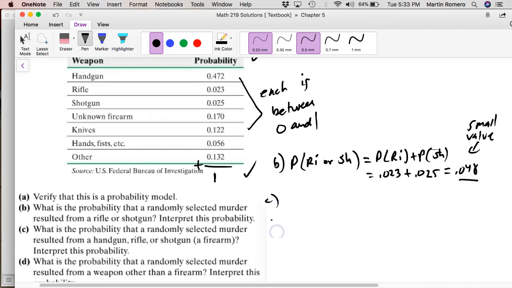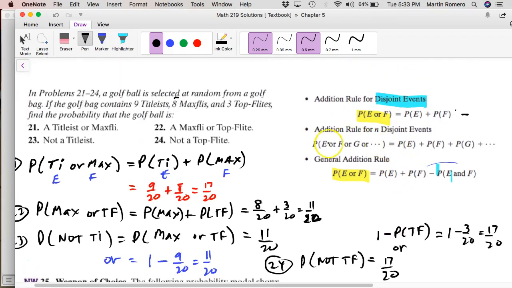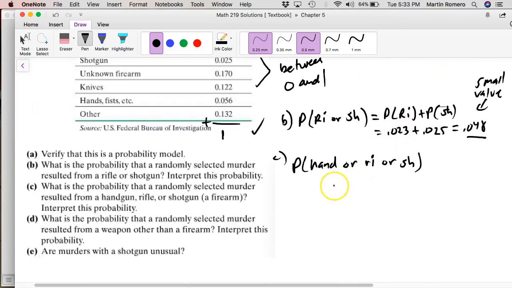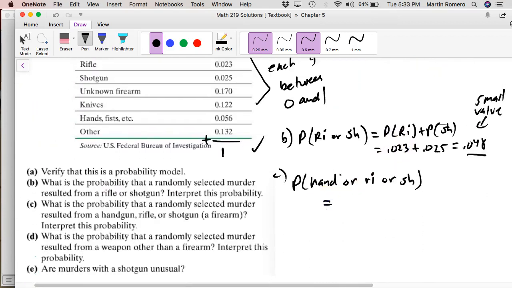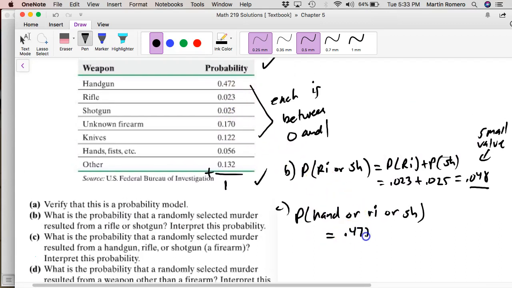Part C. What is the probability that a randomly selected murder resulted from a handgun, rifle, or shotgun? So there's 3 of them together. We come back to here, we're looking at one of these. All these can't happen at the same time, so just add up those probabilities. The probability of a handgun is 0.472. I'm starting to abbreviate, I'm not going to write all this out now.